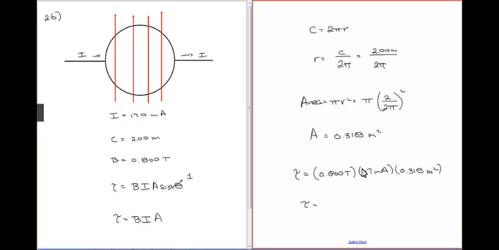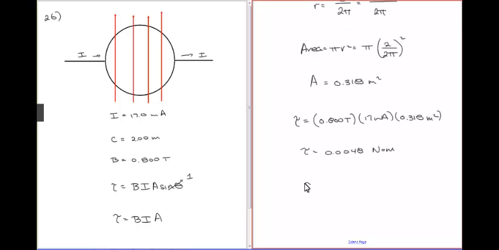So 17 divided by 1,000, and then times 0.318. And so what I get is 0.0048, and it's going to be Newton meters because the torque is in Newton meters. And so the torque is 4.8 times 10 to the minus 3 Newton meters. And unless I wrote something down wrong, I'm not getting quite the right answer. So let me see if I can figure out what's going on here.